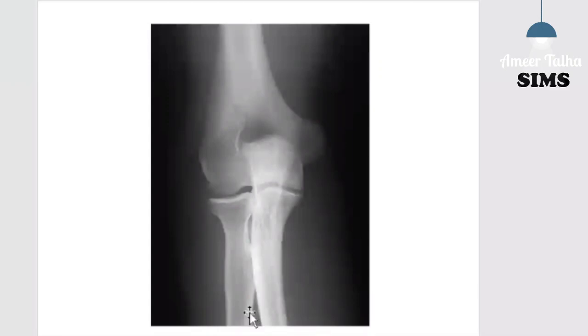A line may be drawn over here, or a pen may be applied at this part, and this will guide you to write in the answer sheet the interosseous border of either the radius or the ulna, and you can identify it by the sharp borders, which in case of radius has a concavity towards the medial side. Now coming next towards the other slide.